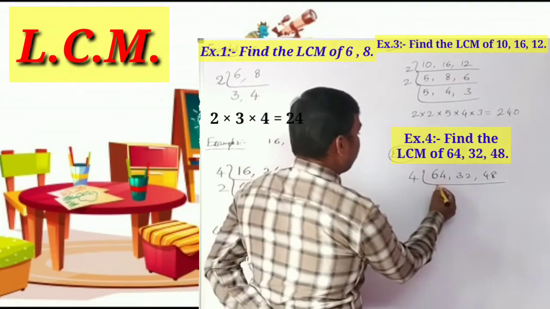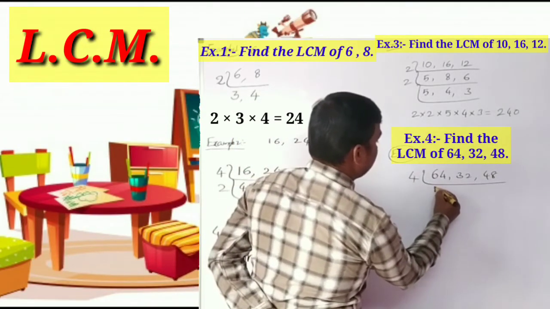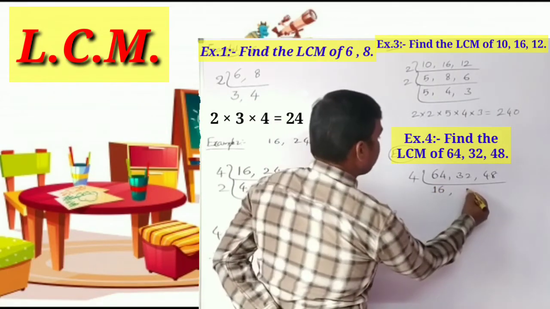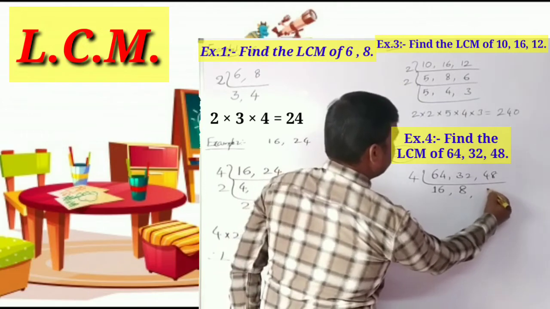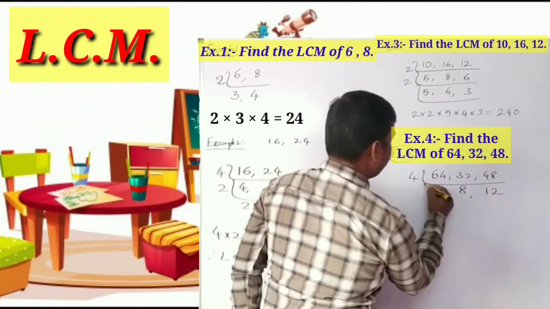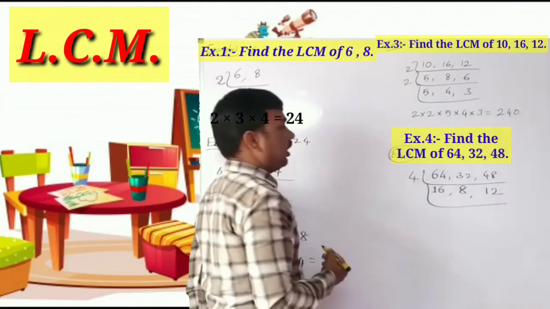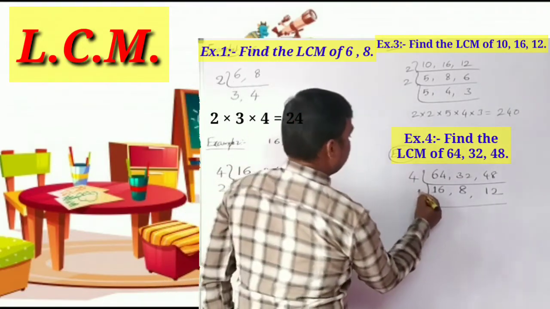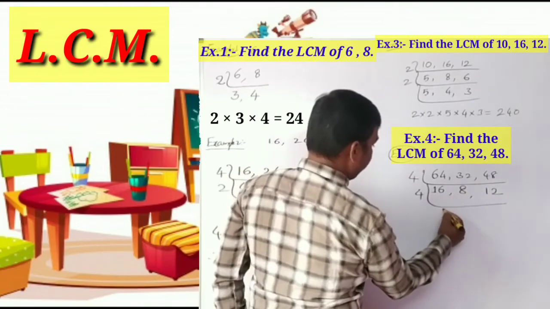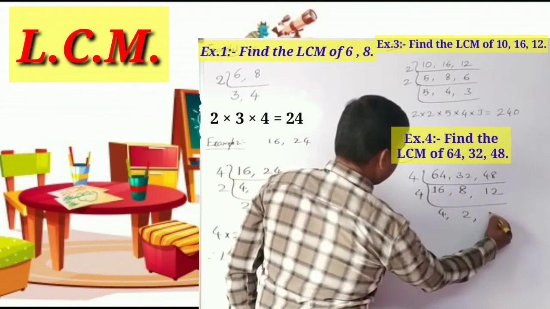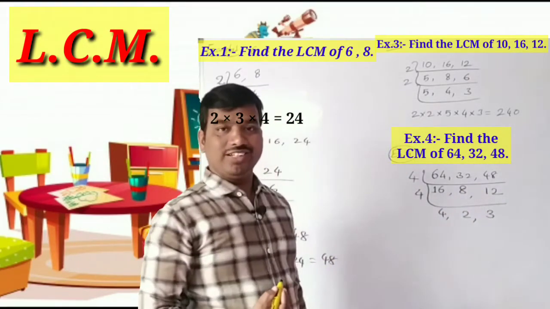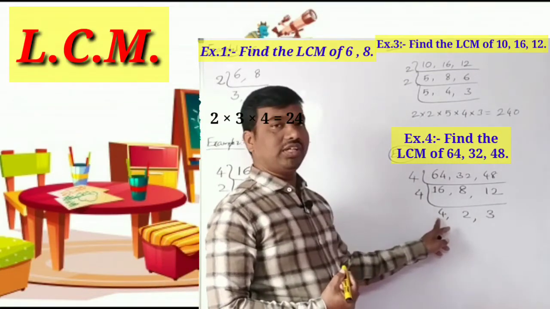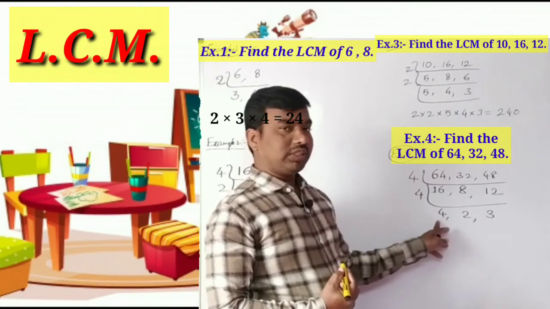So 4 1s are 4, 4 16s are 64, 4 8s are 32, and 4 12s are 48. And next, by 4, all numbers are dividing. So 4 1s are 4, 4 2s are 8, 4 3s are 12. Okay. Next, the same situation, 4 is not divisible by any number.